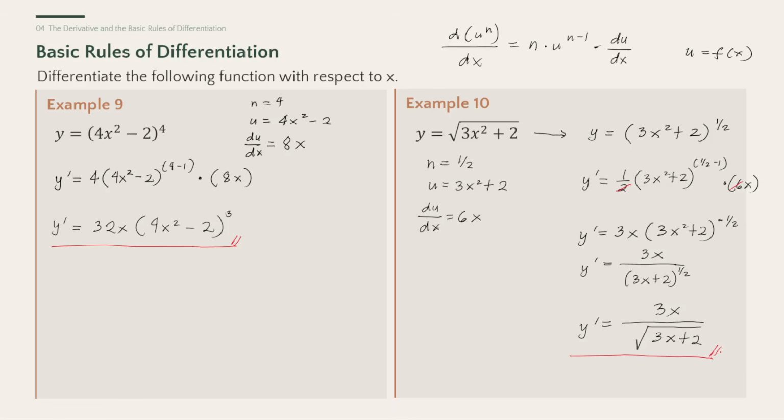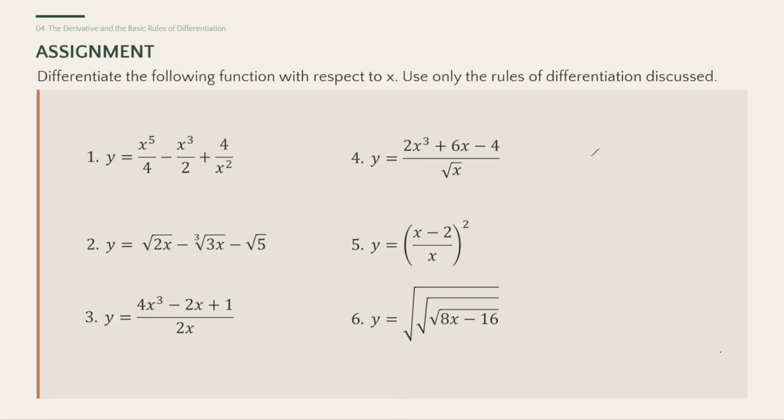Okay? Now, for your assignment, answer this, please. You have 6 items, 5 points each. And the deadline for this is August 24 for those sections who have classes on Monday.